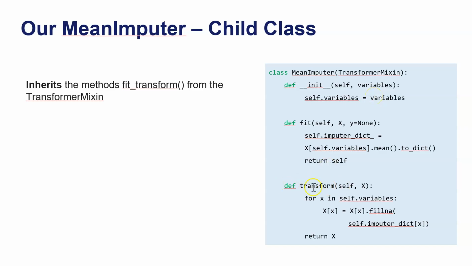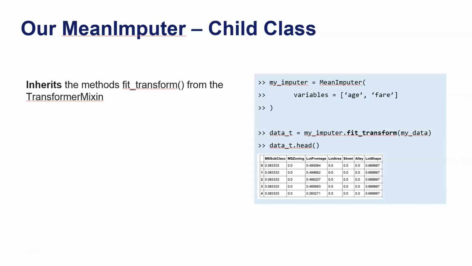And the transform method takes the data frame and uses the values learned and stored in this dictionary to fill the missing values. This class will automatically also have the fitTransform method that will apply fit, and then it will apply transform to automatically obtain the transformed dataset.